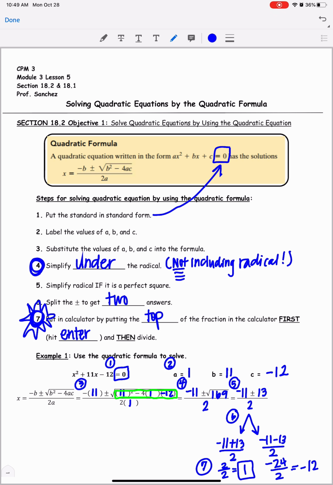And you'll get negative 12. So those are your 2 answers to this problem. When you get whole numbers like that, that does mean that this quadratic is factorable. And I'm not going to do this with many of them, but if we were to do our a times c would be 1 times negative 12.